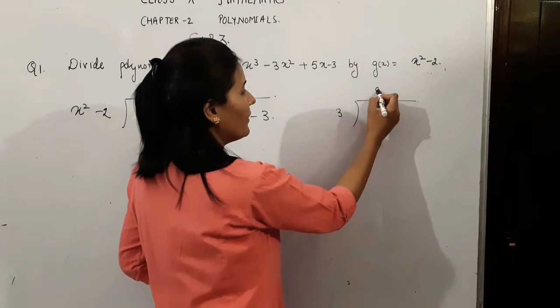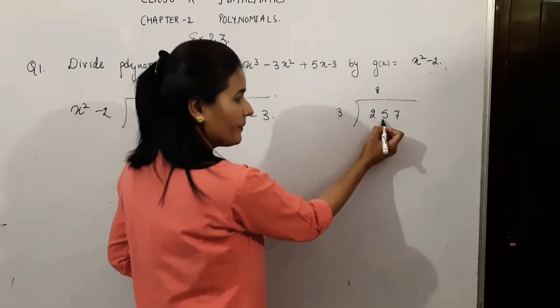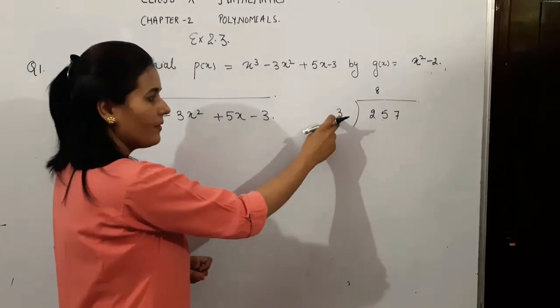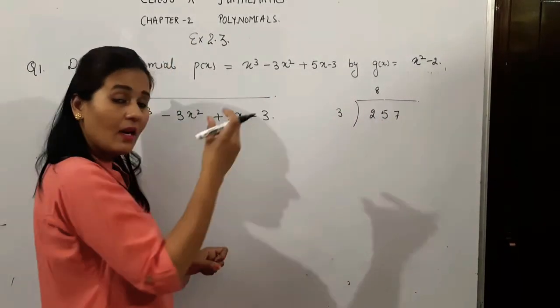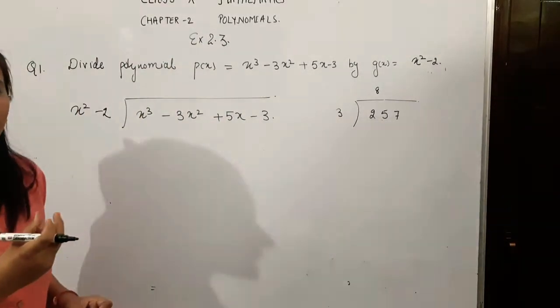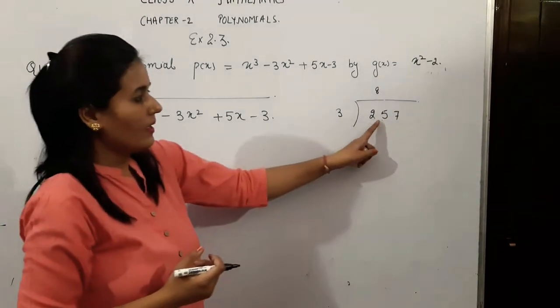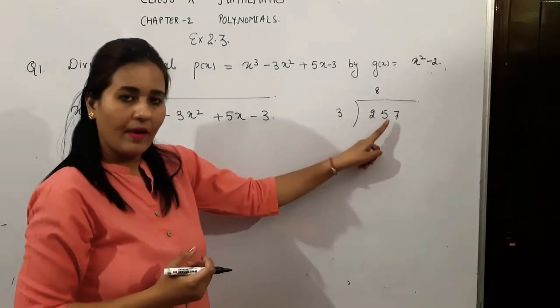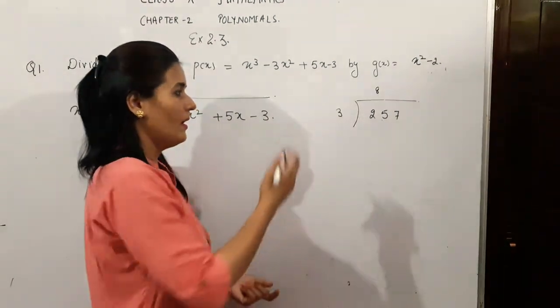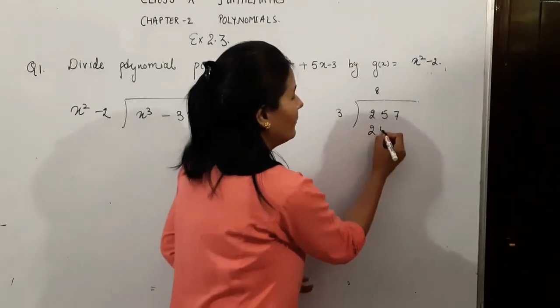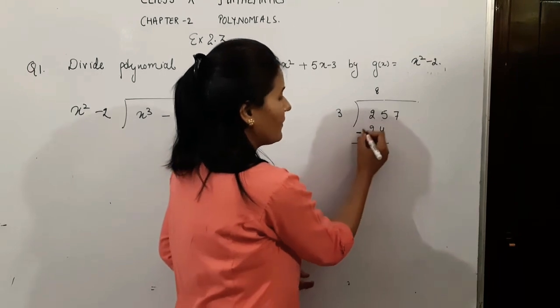What was the condition? Either you get 25 in 3's table, or if you are not getting exactly 25, then you write a number smaller than 25. Either write the same 25 here or write a smaller number but not a greater one, right? So here we are writing 24. Then there was subtraction.